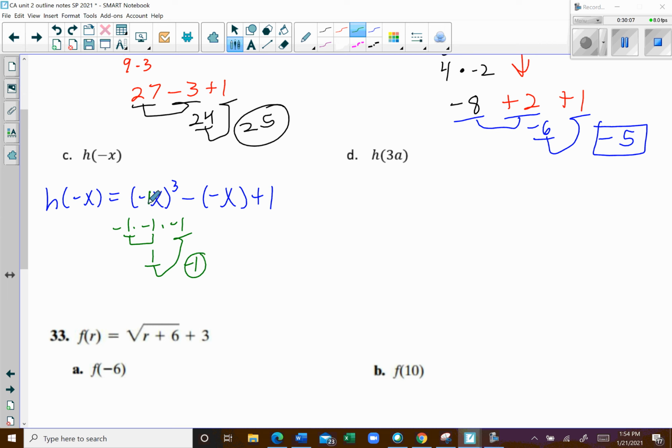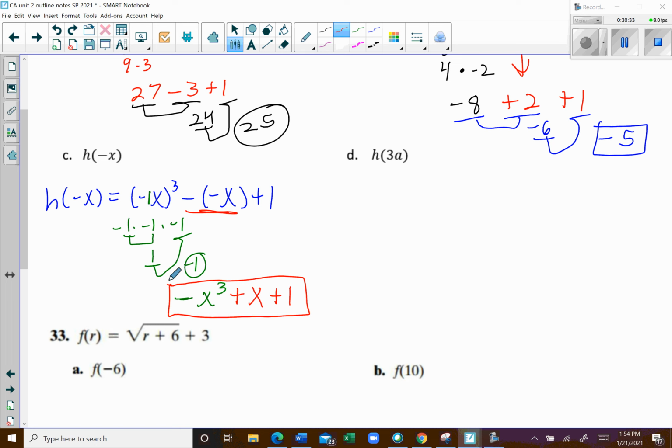So that means that the leading term will be negative. So we're going to have a negative x to the power of 3. Okay, that's the first term. The second term, you're subtracting the negative, so once again, that'll turn into plus x, because you're subtracting the negative. And then we have the +1 right there. So that is our result for part C.